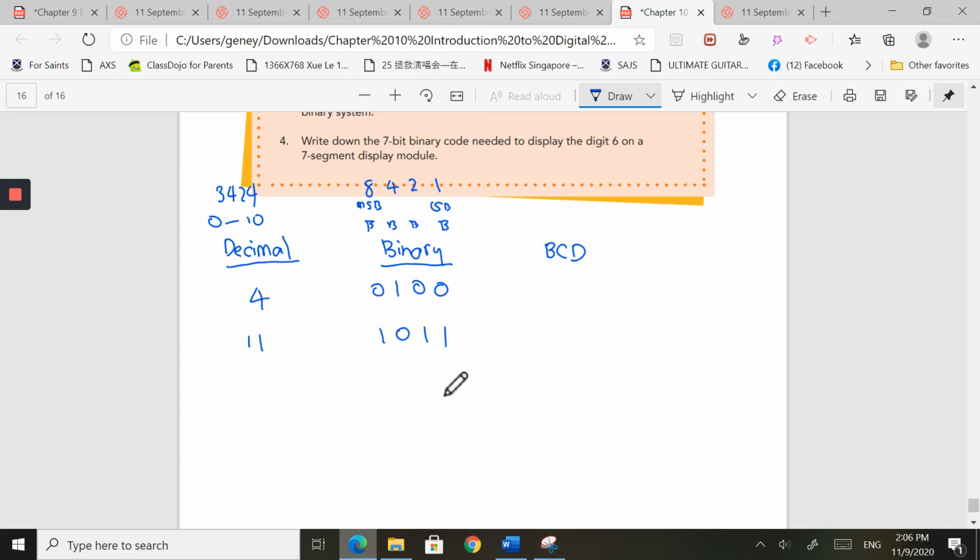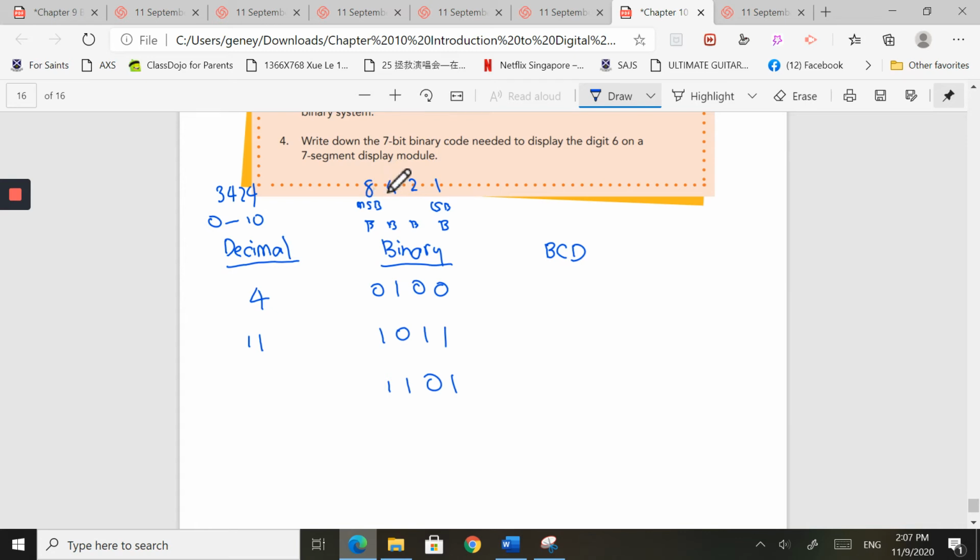Let's say the question asks you to calculate backwards from binary to decimal. Let's say I give you 1101, just a random 4-bit number. If you work backwards, I want the 1, I do not want the 2, I want the 4, I want the 8.